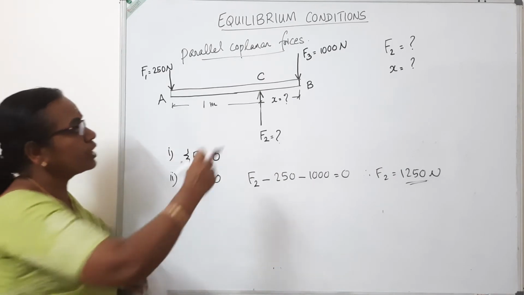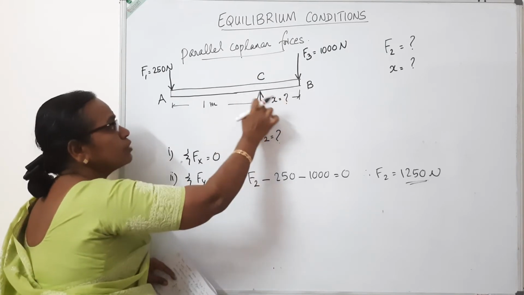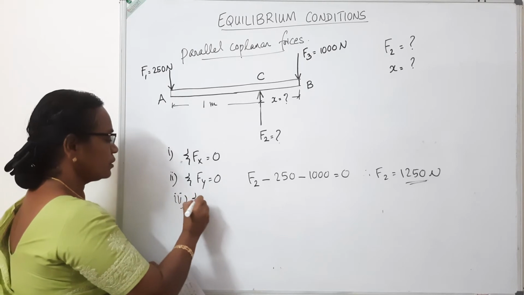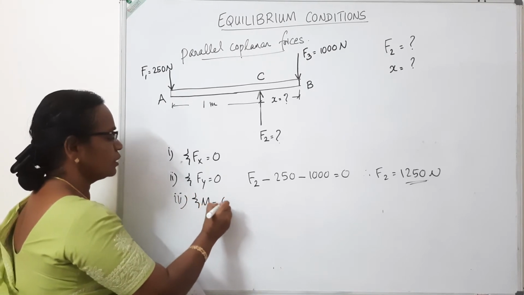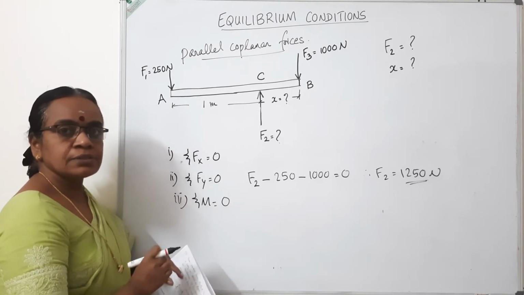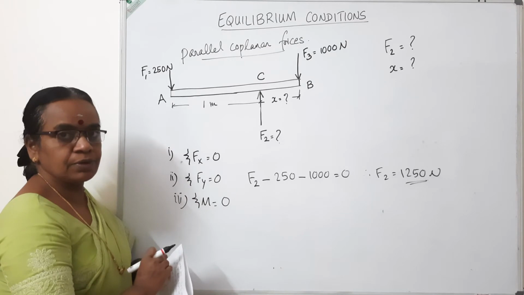The next is to find out the distance. For that, let me take moment of all the forces about a point, the third equilibrium equation, sigma M is equal to 0. Moment of all the forces about any point in that plane must be equal to 0.